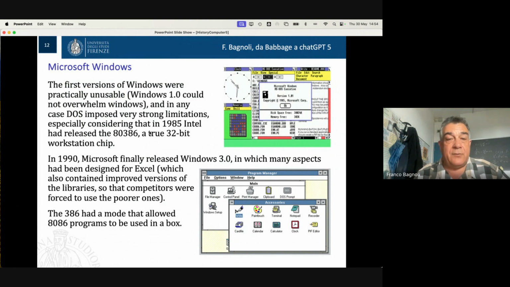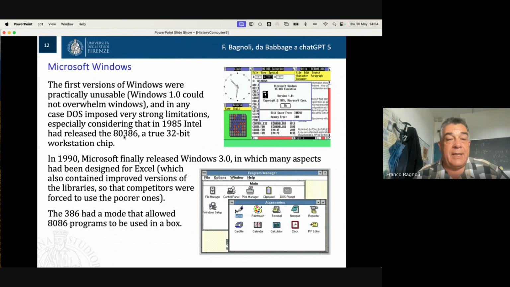First of all, we started in the Intel world with the 8086, which was a 16-bit processor. Then the 8286 appeared, which was a processor which could run multitasking systems, but essentially it was used only as a faster version of the processor.